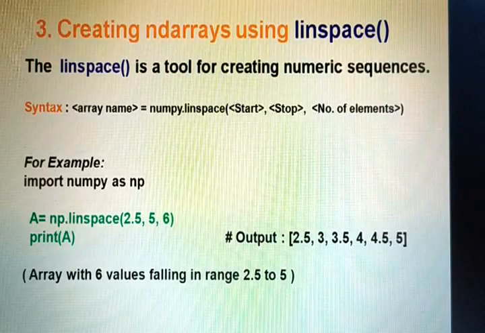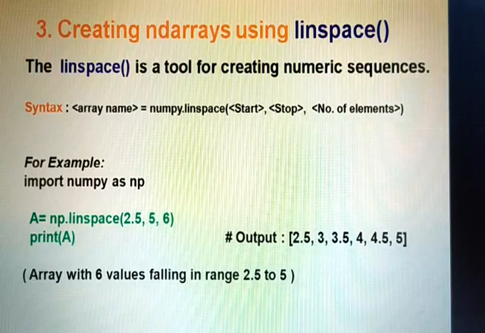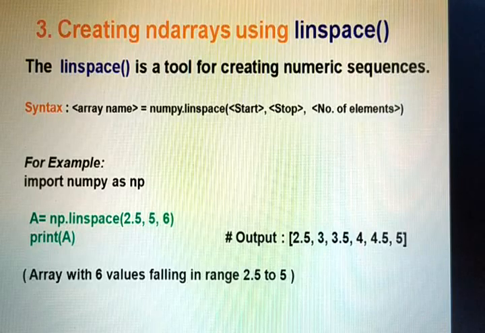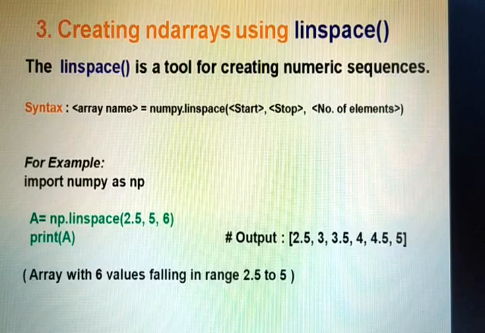Students, sometimes we need evenly spaced elements between two given limits. In such a situation, linspace is useful. This function takes the start value, the end value, and the number of elements to be generated for the array.